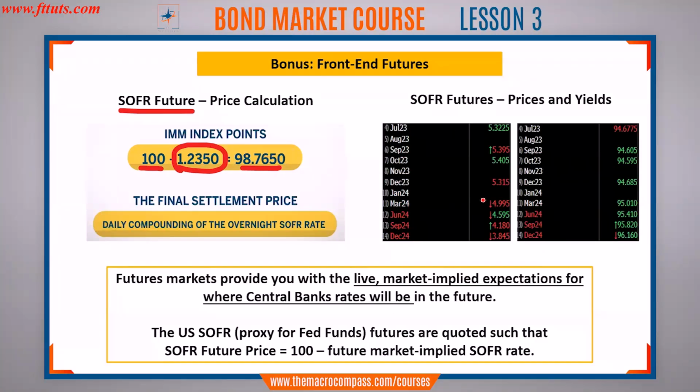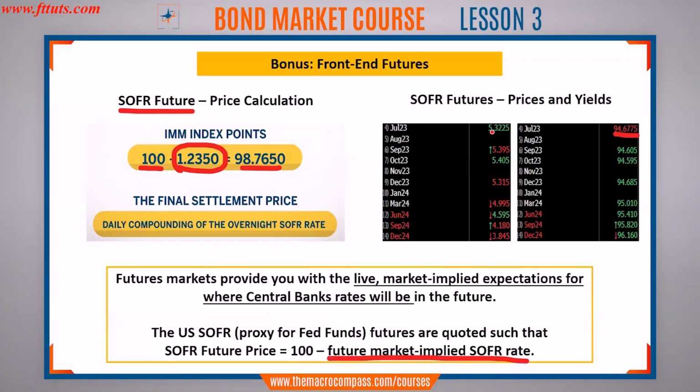A quick example of how this works. I gave you the strip of SOFR futures between July 23, the day of recording, and December 24. See how they're priced. July 23 is priced at 94.68. If we follow this formula, 94.68 would be equal to 100 minus the future market implied SOFR rate.